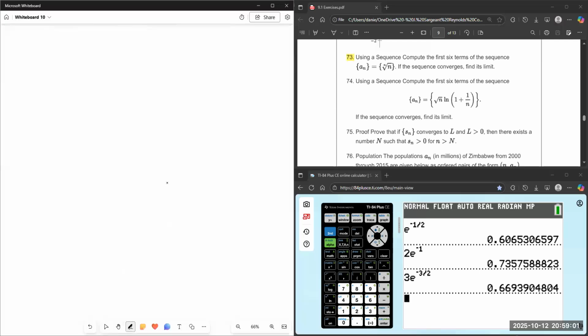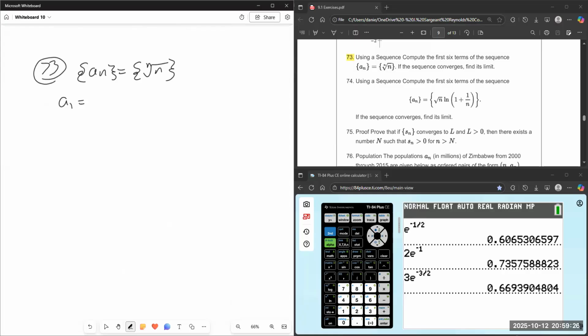So let's look at 73, which is the sequence of values in the form of the nth root of n, and we want to find the first 6 values here.